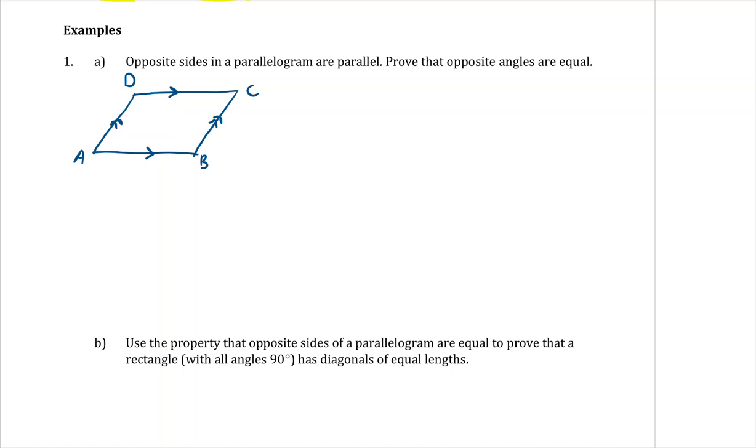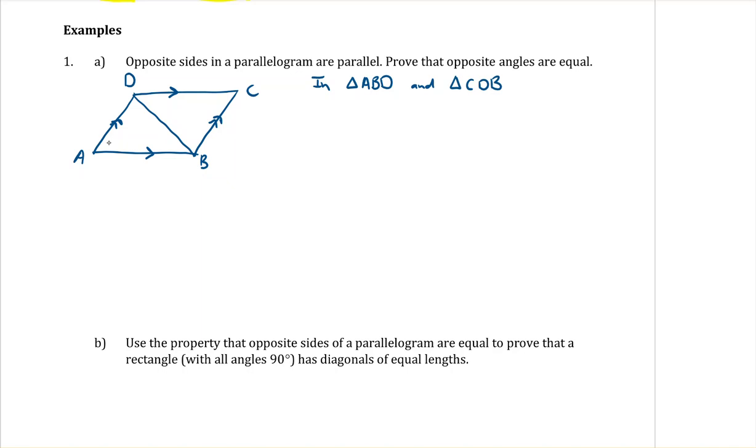To do that, I'm going to have to make some triangles. So I'm going to construct a line that goes from D to B. And then I'm going to have a look at triangle ABD and triangle CDB.